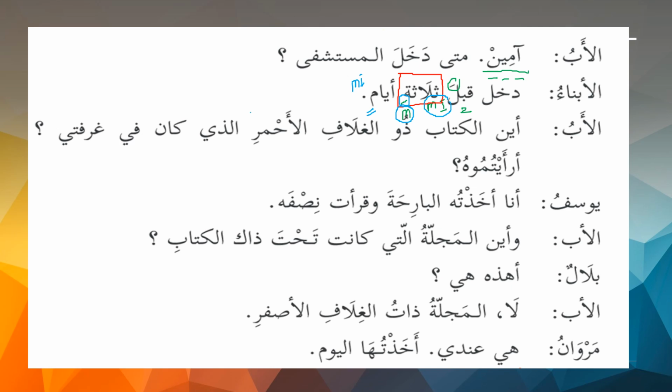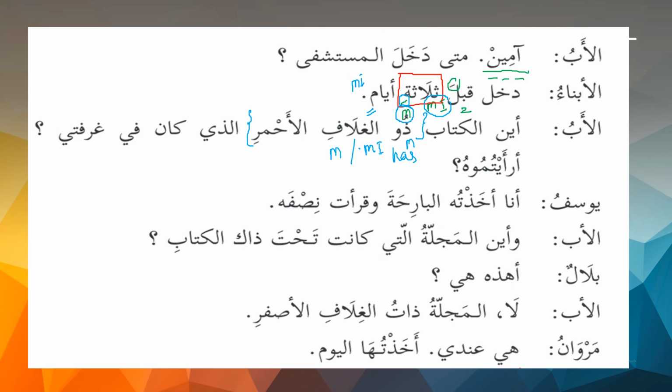So you need to know this is the whole and idafa construction, and now this is where you will learn the usage of dhu and that. So here dhu means has, and this is a male form when you are asking or using dhu for a male noun. So it is the mudaf dhu, and al-ghilafi is playing two roles, that is mudaf ilayhi and the role of mudaf for ahmar.